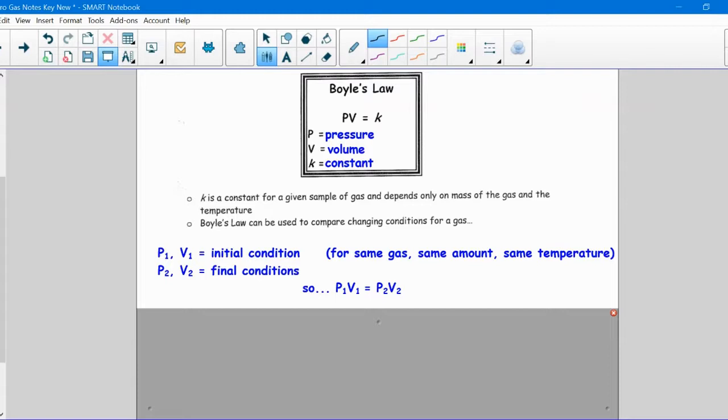It's the same amount of gas, and it's the same temperature. We're only worried about pressure and volume. So Boyle's law, if you're looking for the equation, is right here: P1 V1 equals P2 V2.